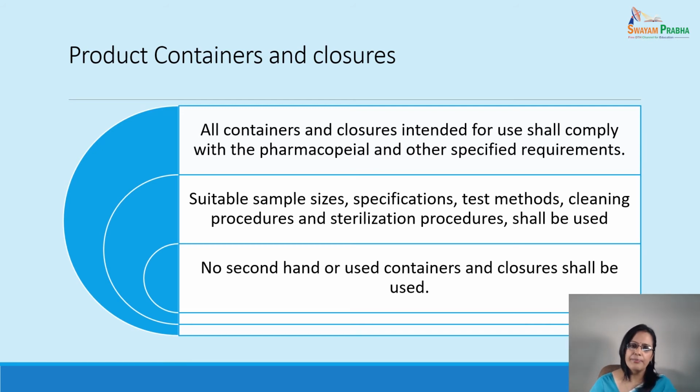This entire process needs lots of effort to protect your product from any contamination, because this product is to be administered directly into the blood circulation. So we must ensure that the product is sterile.